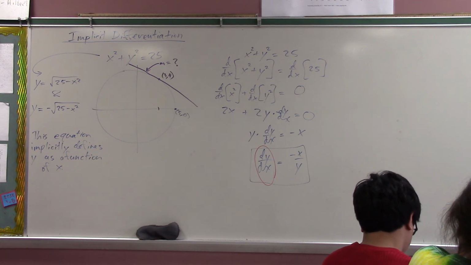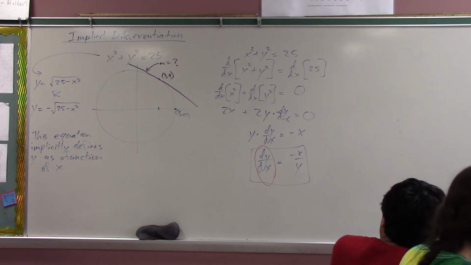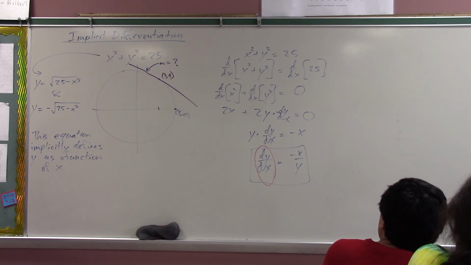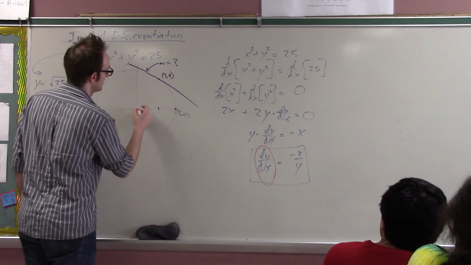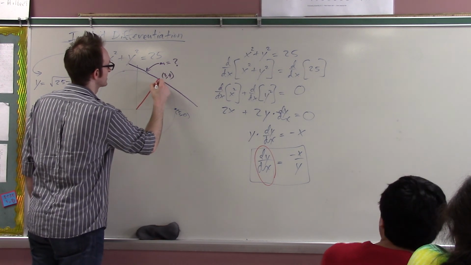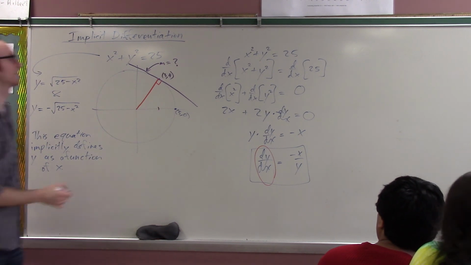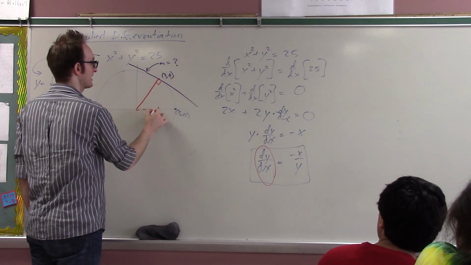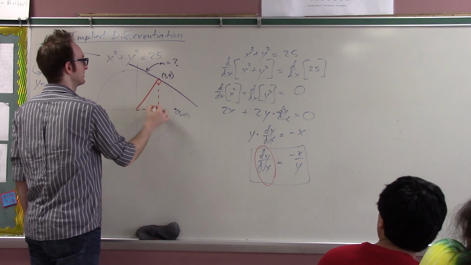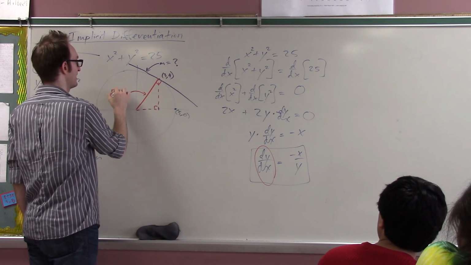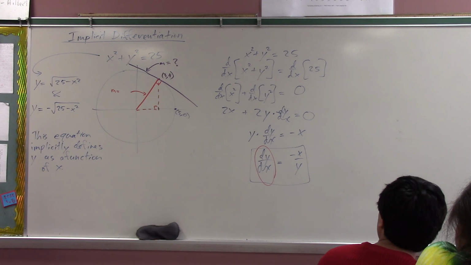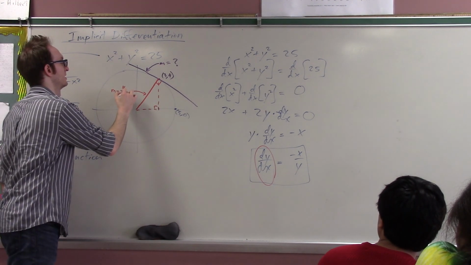Figure out the slope of that line using no calculus, using just common sense. The slope of the radius is perpendicular to these two. Yeah, fact about circles: a tangent line to a circle is perpendicular to the radius drawn to the point of tangency. And if that's 3, 4, then I'm going over 3 and up 4. So what is the slope of that line, or that segment? 4 thirds.